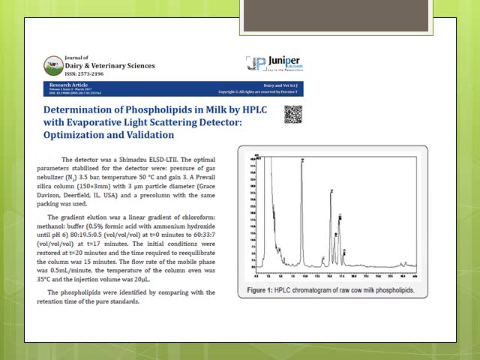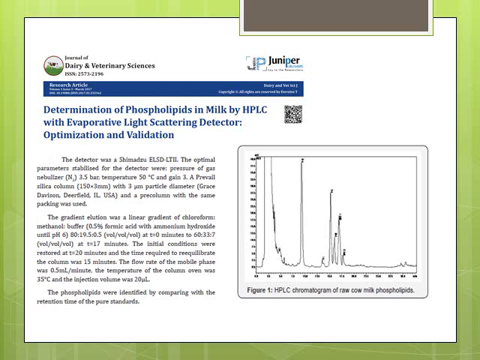The next one is the publication in the Dairy and Veterinary Science journal. It is the determination of lecithin in milk, and I have tried this method, and I got very good and satisfactory chromatography.